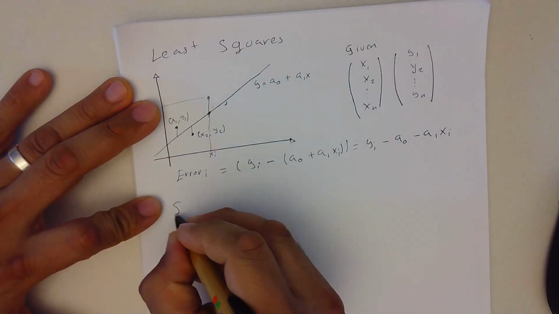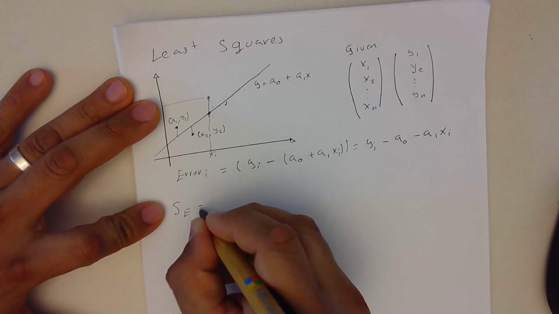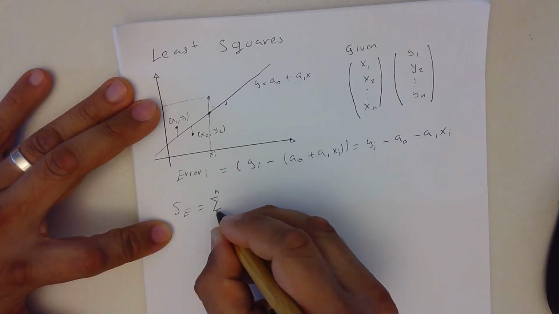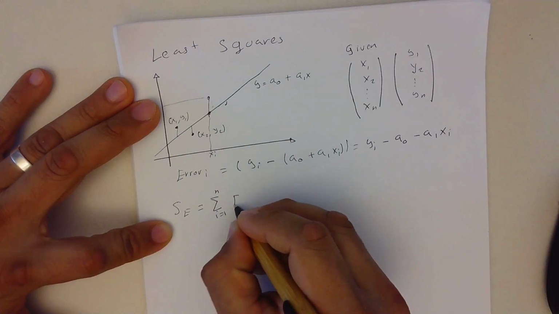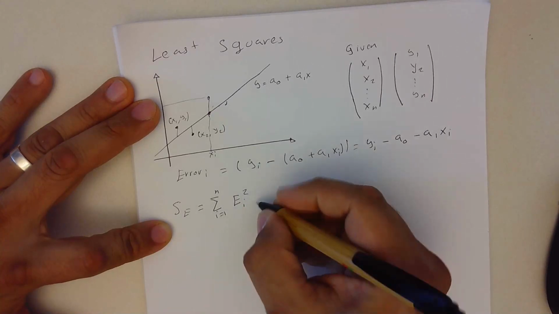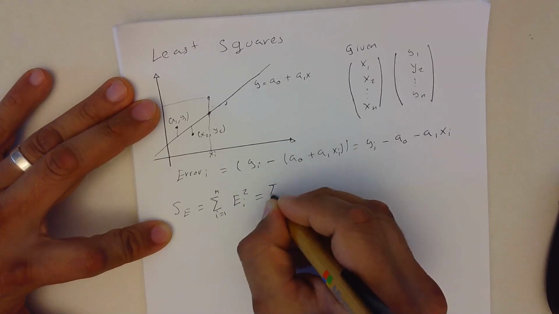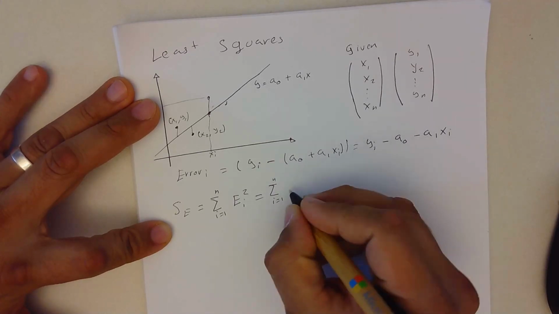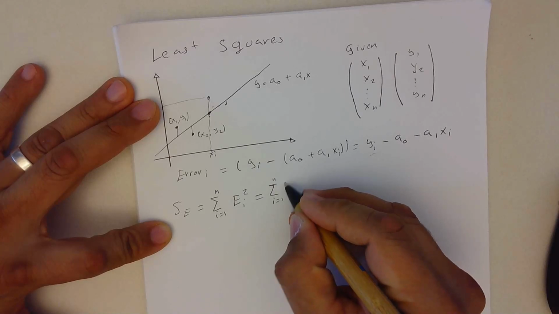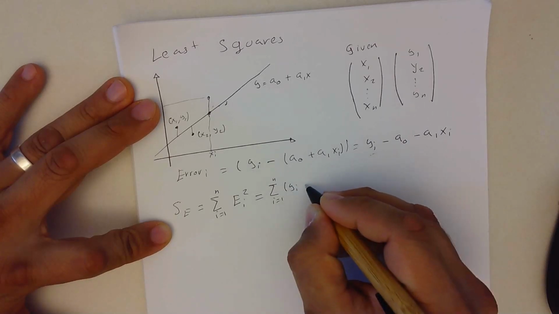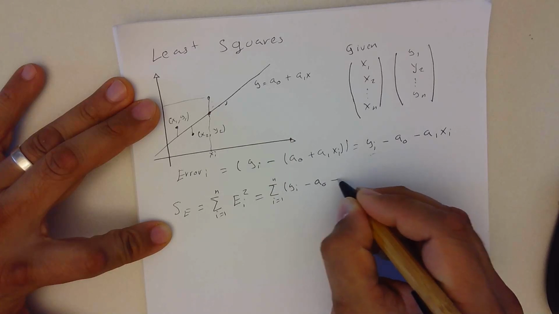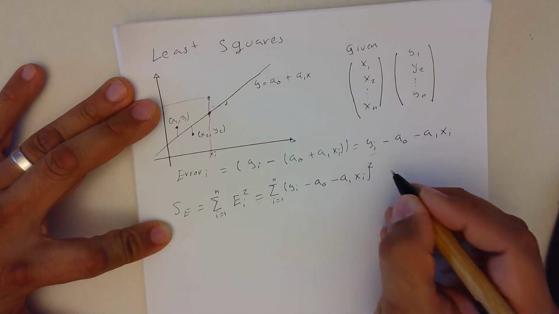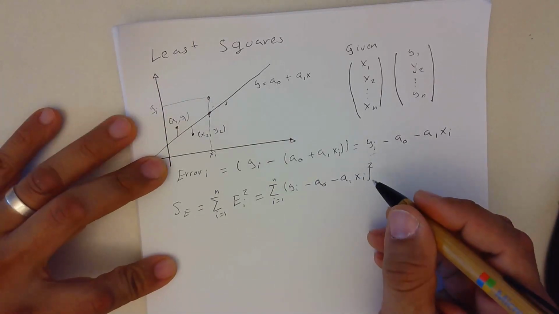In this case, we have the summation from i equals 1 to n of the square of the error, which we can write in this form: yi minus a0 minus a1 xi, everything squared.